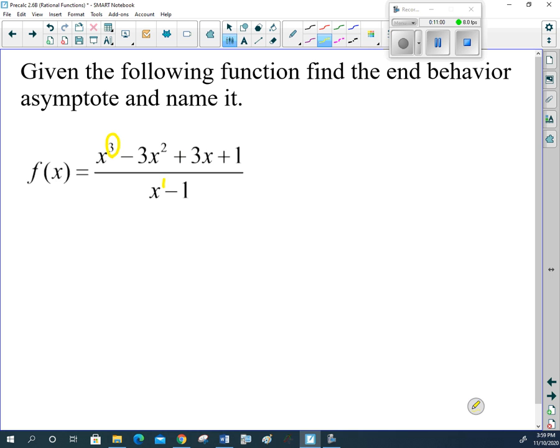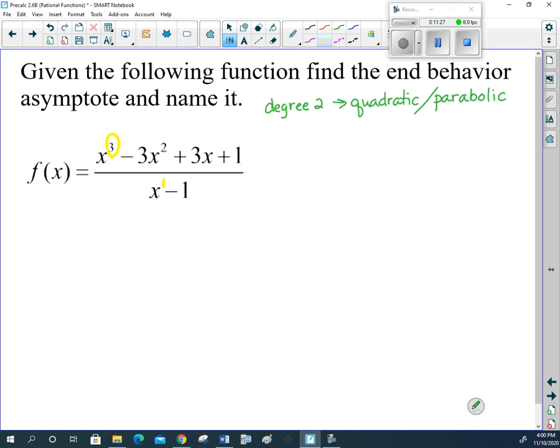So I know that my end behavior, this third case asymptote, is going to be a degree 2, which is quadratic or parabolic. If I have to give it a name, I'm going to use one of those two names, quadratic or parabolic.